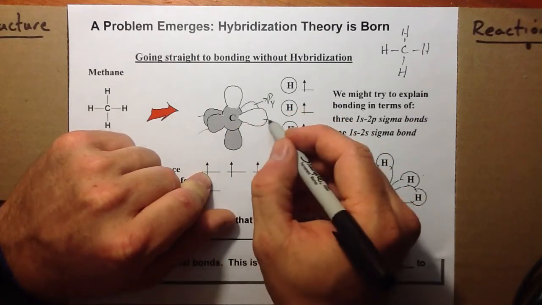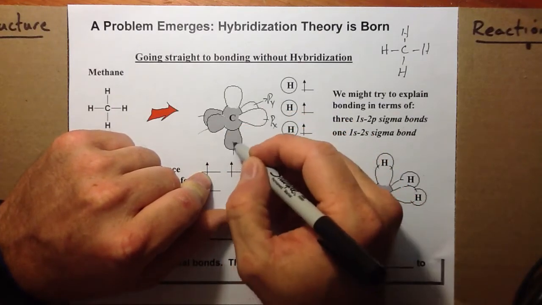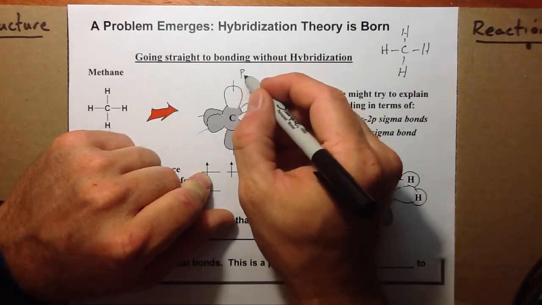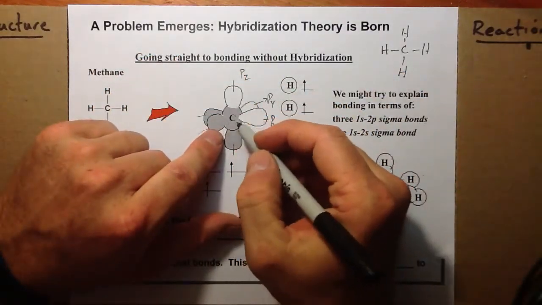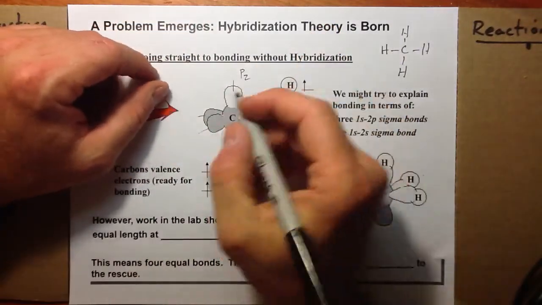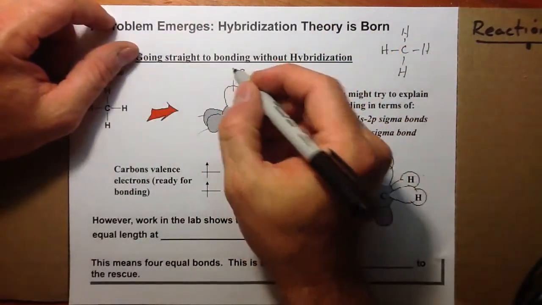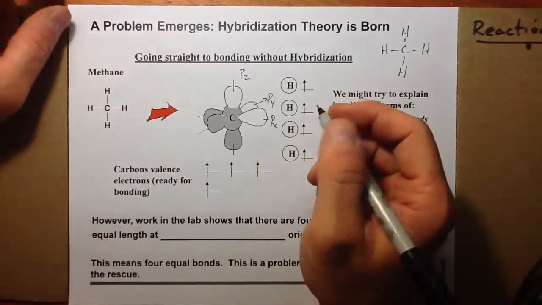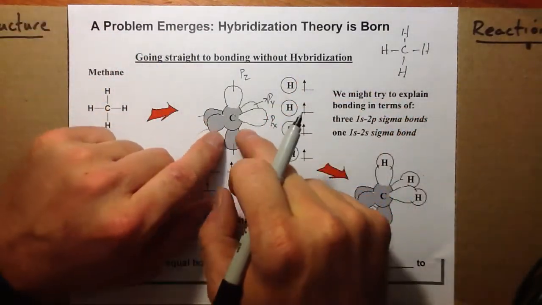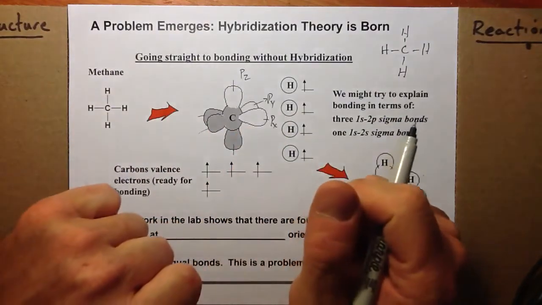This might be the PX, and the one on the axial here, the PZ. Those are the three p orbitals, and this one here in the center, we're just showing it as an s orbital. This is carbon, so we have the 2s and the three 2p orbitals. So that's the picture we now have instead of just a Lewis structure.